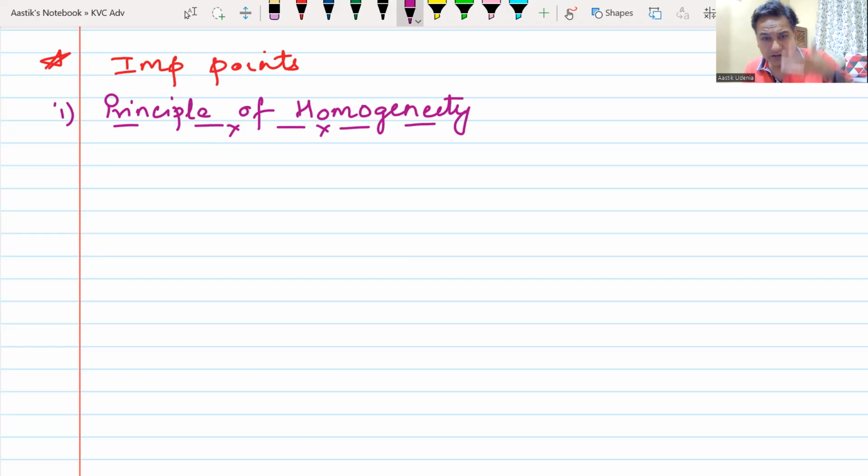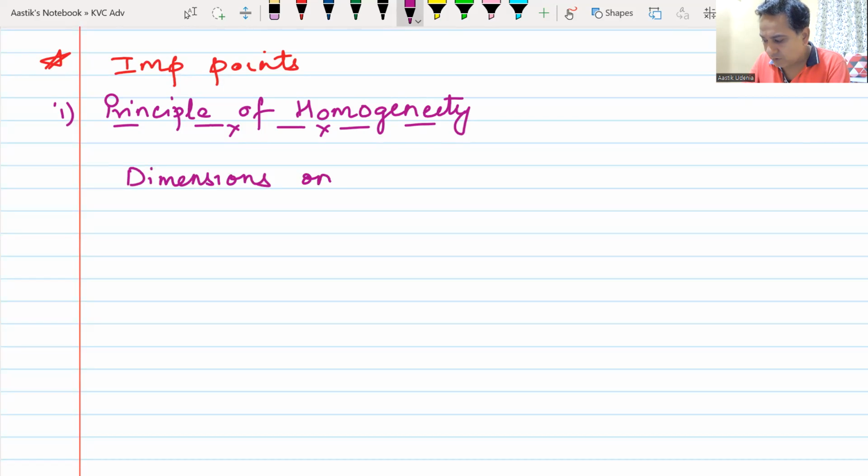You cannot equate force with, let us say, acceleration or momentum or mass because they are different quantities. When you're writing a dimensional equation, when you're writing an equation in physics, whatever physical quantity we have on the left hand side, the same physical quantity we should have on the right hand side. Since the physical quantity is the same, then I can write dimensions. And that's an important factor.